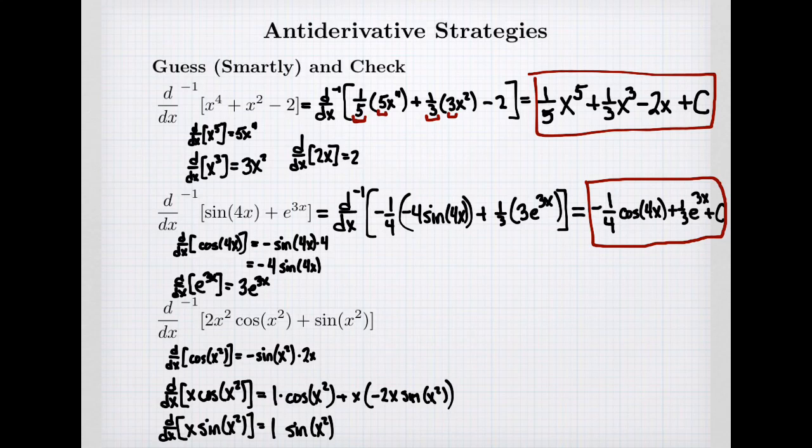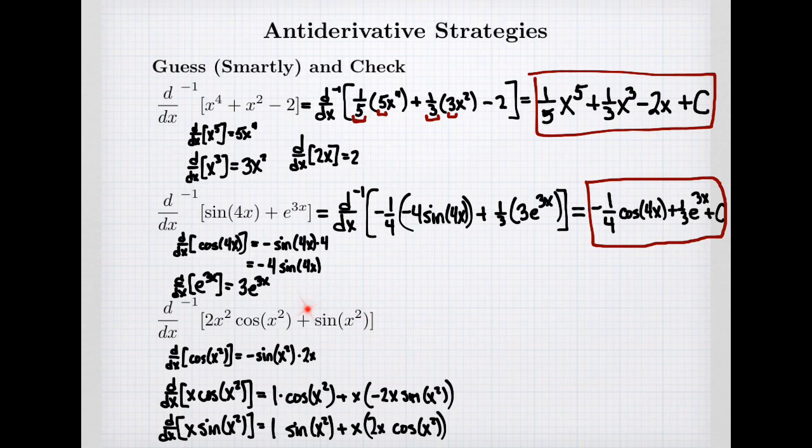And now we'll leave the x alone times the derivative of sine, so that's going to be cosine of x squared times 2x, so cosine of x squared, and voila, as we might want to say, voila, we've found the answer.